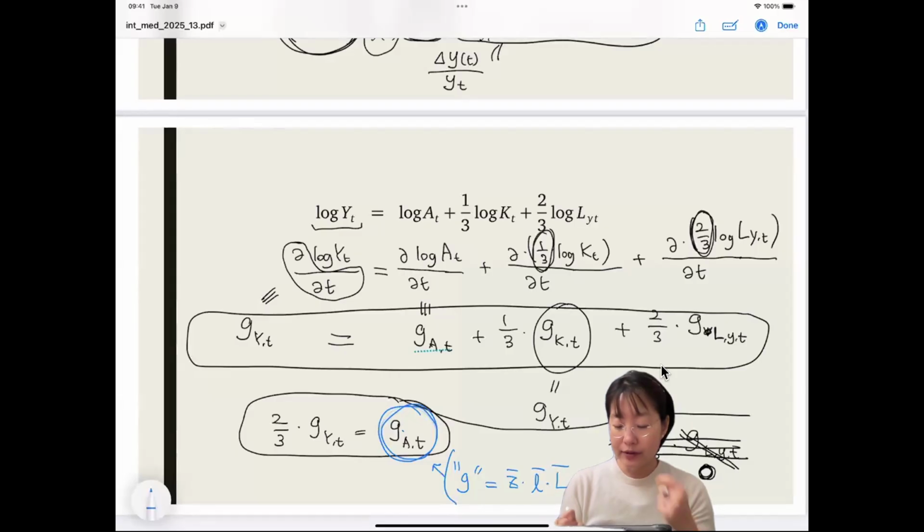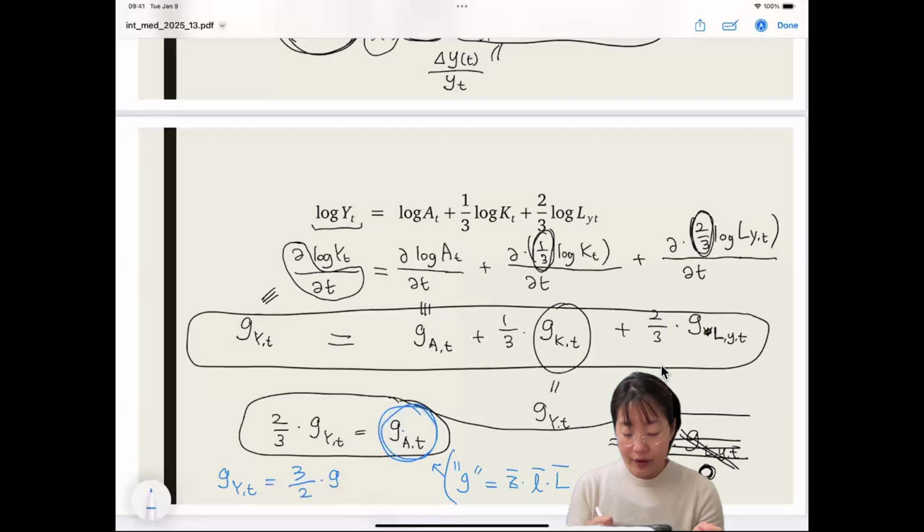All right, so g, the growth rate of ideas, was Z times little l times big L, and output growth rate, which is constant on the balanced growth path, is 3 times a half, or 1.5, of the growth rate of ideas, this one.